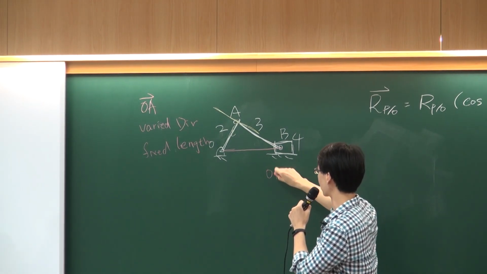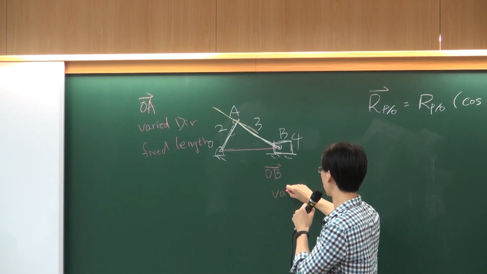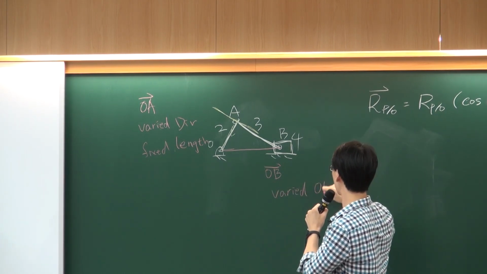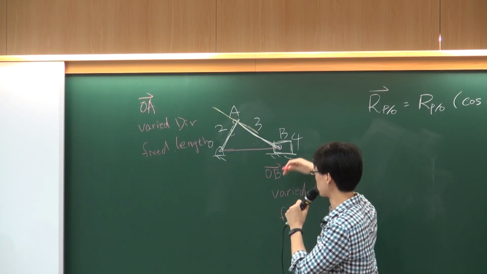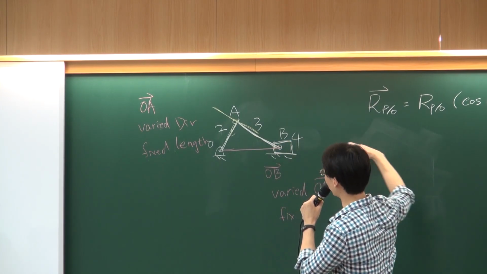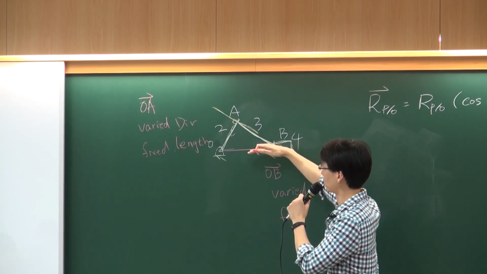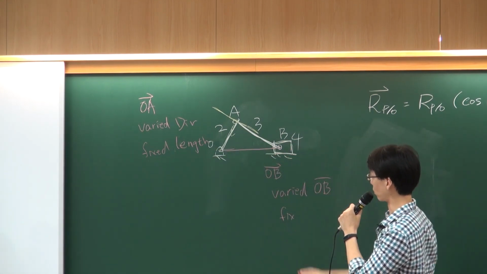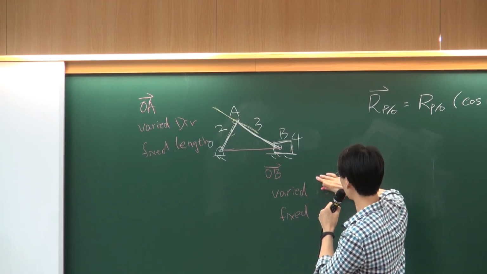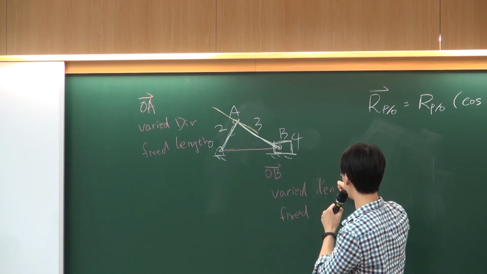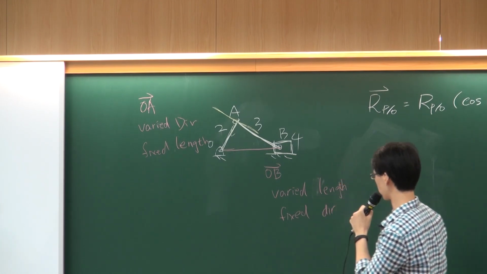But for OB it's another story: the length is going to change, but the direction is not, because the slider can only move this way. So OB is always horizontal. Fixed length with varied direction for OA, varied length with fixed direction for OB.